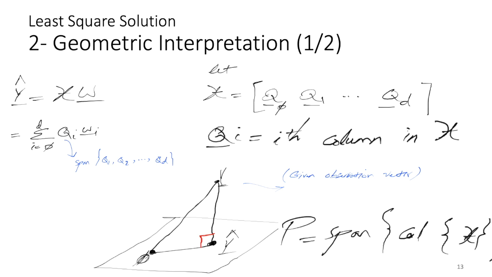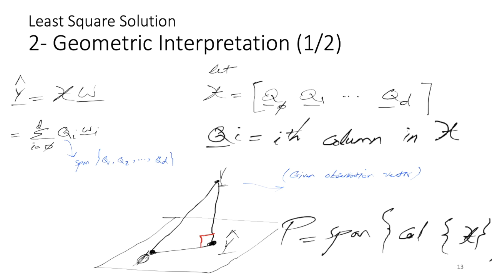We call this P space, and P would be the span of the columns of X. I'll have a short example, and you'll see it's pretty easy to understand.